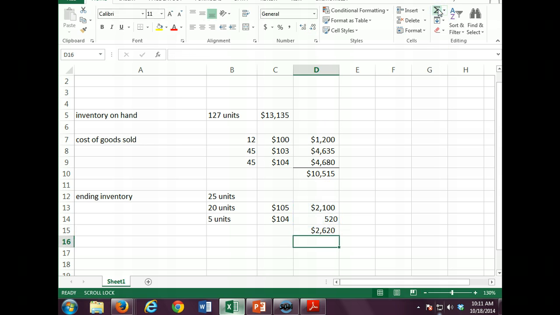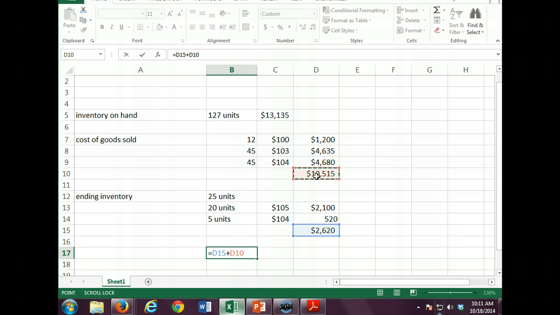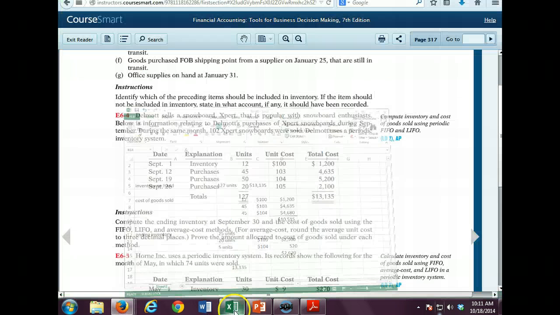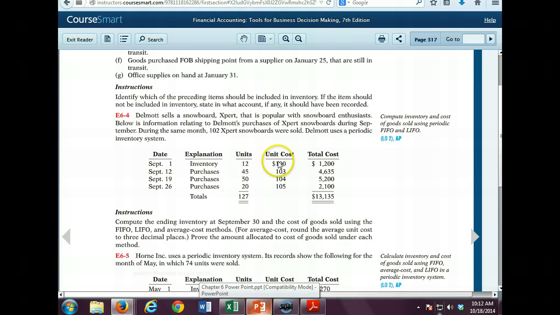So that should be 2,620. If we add the cost of goods sold and the ending inventory, we get 13,135, so we've accounted for all of our costs. Make sense?